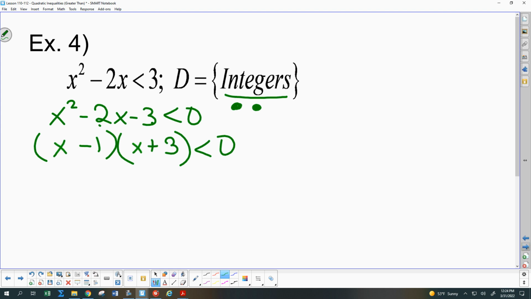Will those add to be -2? So what do you want to fix? +1, -3. Everybody, while I change that around, give me a thumbs up, thumbs down. What do you think? Will that work now? Are we happy with this factoring? All right, so Ada, what will my critical values be? 3 and -1, or -1 and 3.